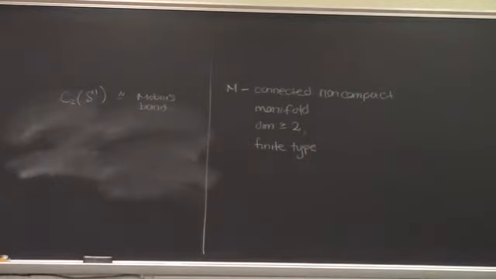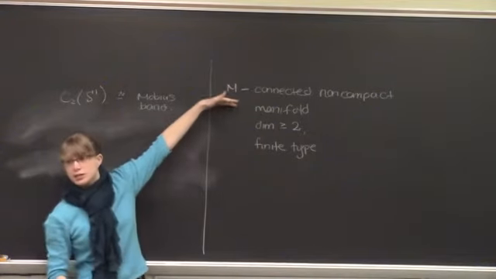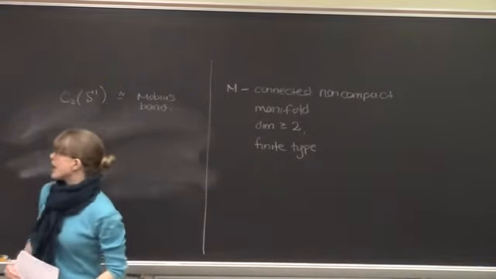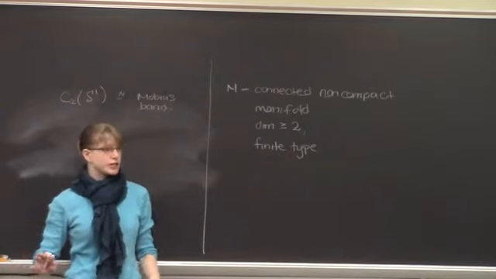So by finite type, I mean I'm going to assume it's homotopy equivalent to a finite CW complex, which is an assumption that ensures that the homology of my configuration spaces are all going to be finitely generated as groups.